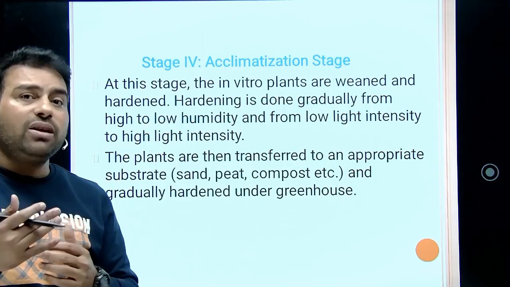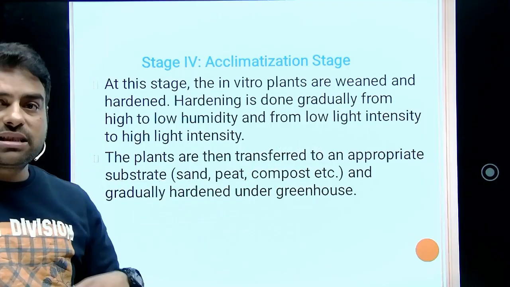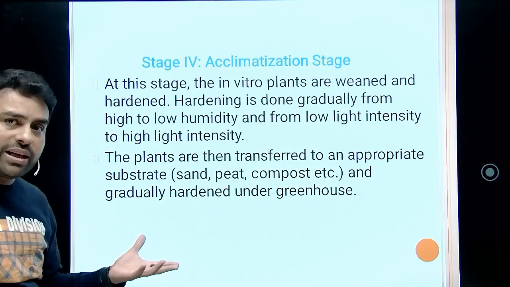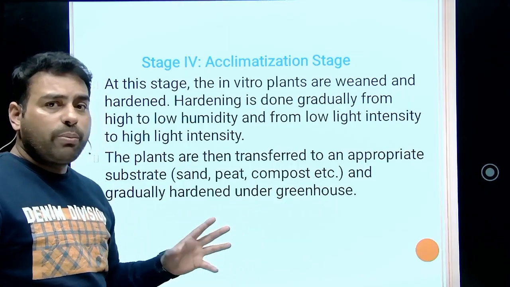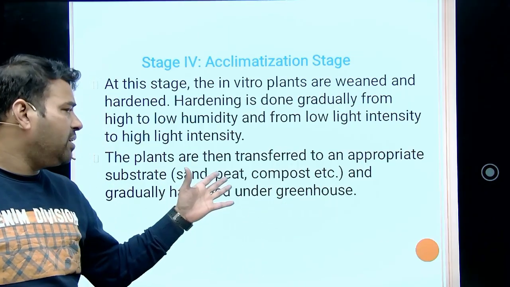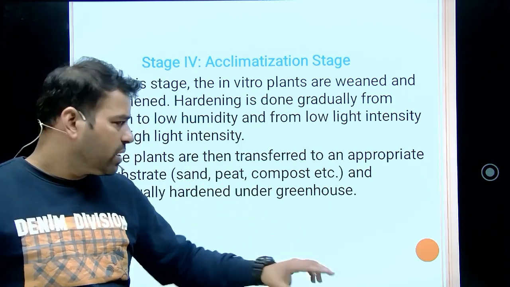So we have to get our plant ready. The plants are then transferred to an appropriate substrate, sand, peat or compost, whatever we are using, or polyhouse, gradually hardened under the greenhouse. By using sand, peat and compost, the plant can be transferred into the polyhouse.